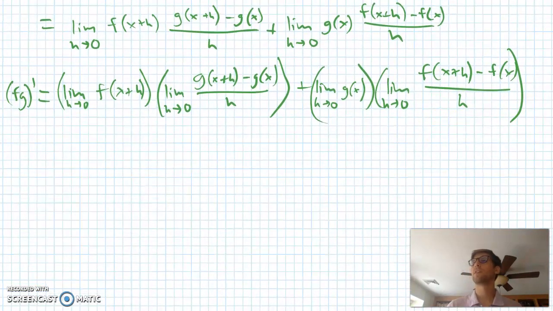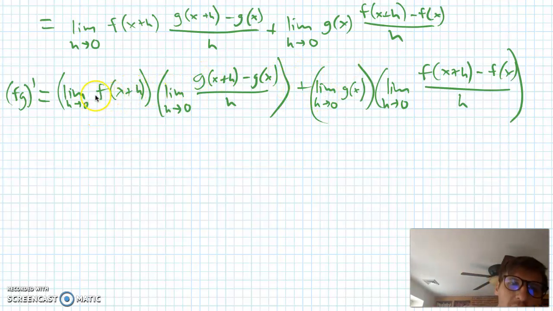So what I could simply do is say the limit as h approaches 0 of this right here, h is basically 0, so we could evaluate it. This limit just evaluates to f of x. This limit is g of x. This is the derivative of g of x, and that's the derivative of f of x.